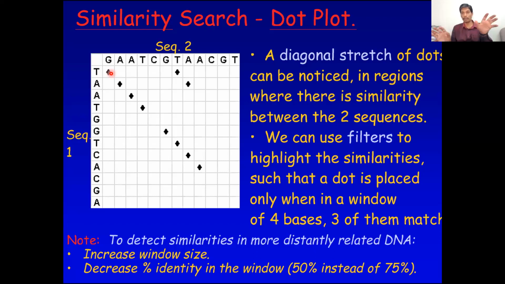Don't align the best way, just put the 4 nucleotides just below the 4. In sequence 2 you put GAAT, TAAT.